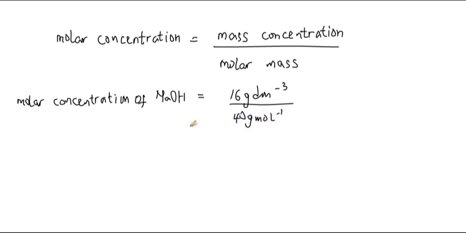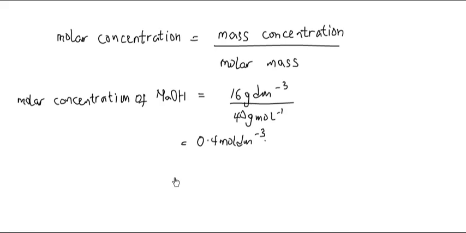So this gives us 0.4 mole per dm³. So we've gotten the molar concentration of sodium hydroxide to be 0.4 moles per dm³. That is 0.4 moles of sodium hydroxide is present in 1 dm³.